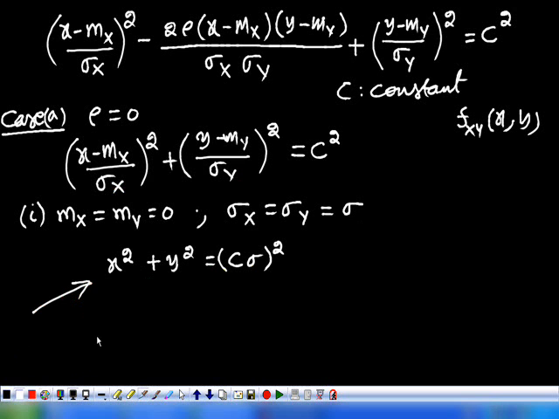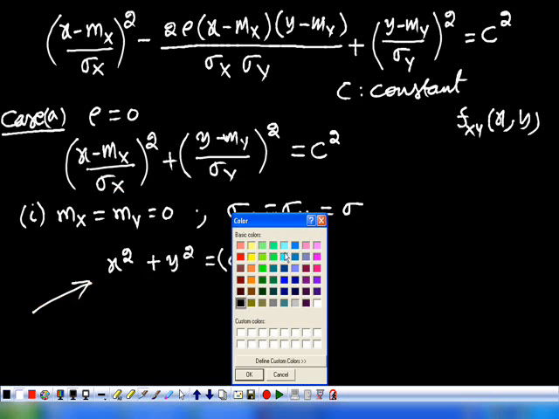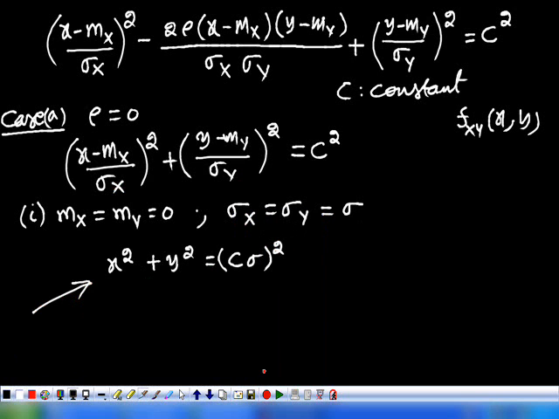So here we take the xy plane and we try to plot the relationship between the two random variables, how the two random variables are related to each other, when rho is 0 and these conditions are satisfied. Let this be y and this be x, this is the xy plane, this is the origin.